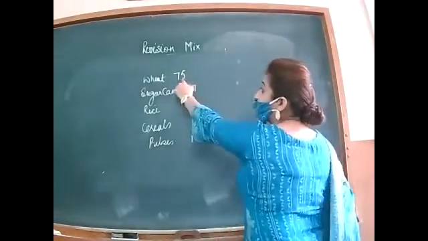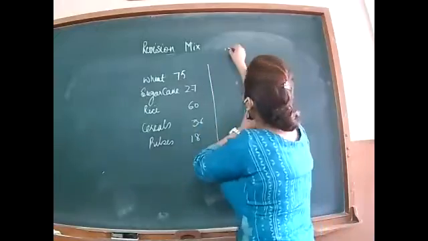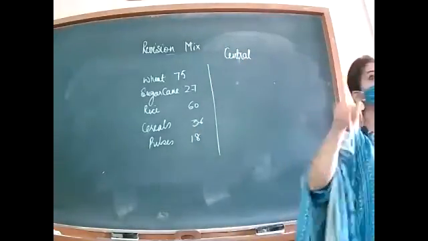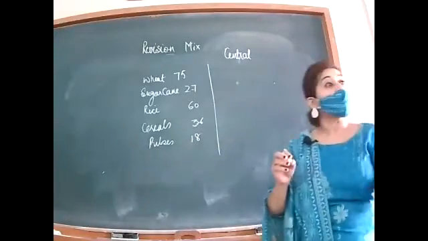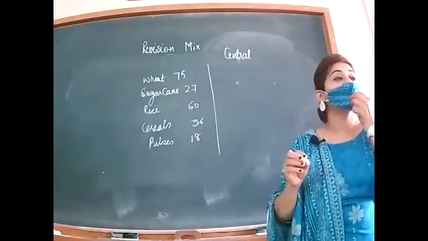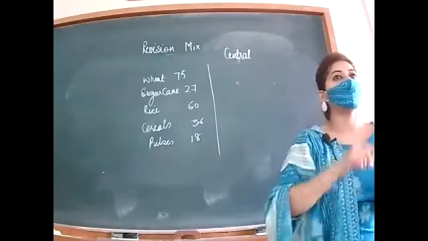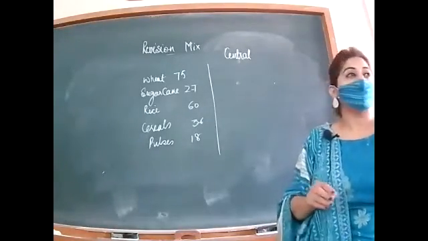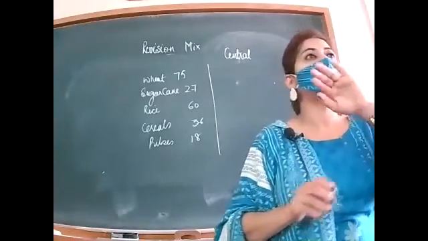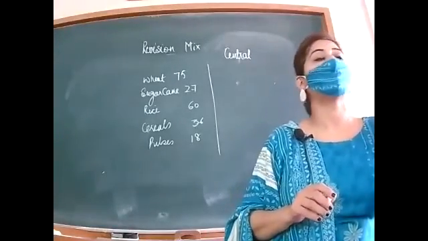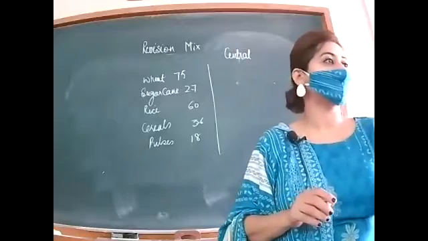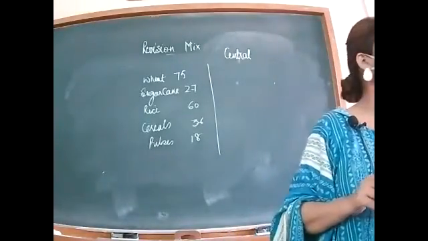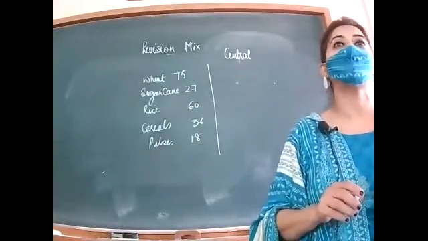You have to convert this into degree, and the total of the degree is 360. Now you want to add degree, so you will multiply by 360. Whenever you want to remove something, you divide by that number. If you want to remove percentage sign, divide by 100. If you want to add percentage sign, multiply by 100.